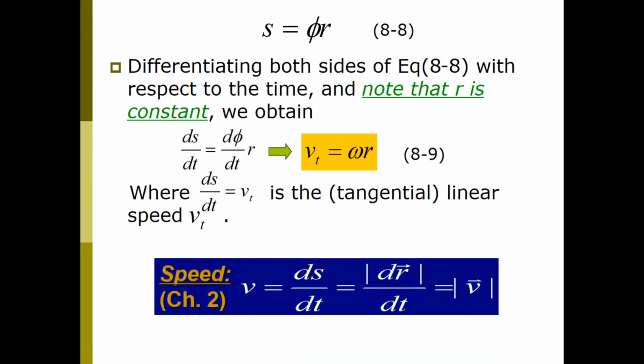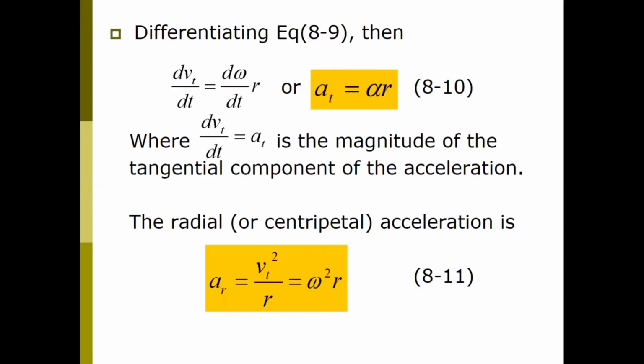So the speed is equal to ds over dt, which is the component of the velocity.